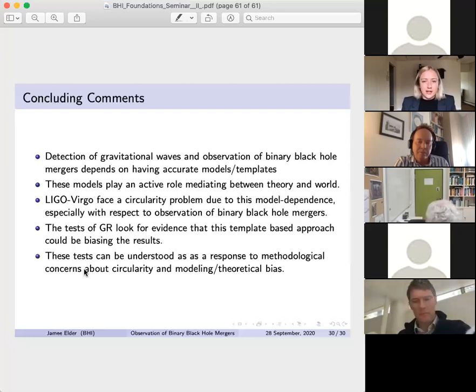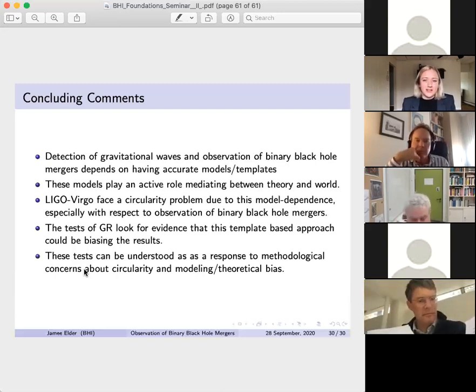So that's one attempt to do what you're suggesting. The only other thing to say, I guess, is that one of the problems you run into in doing the same kind of analysis that the LIGO-Virgo collaboration is doing using alternative theories is that you just don't have well worked out results.